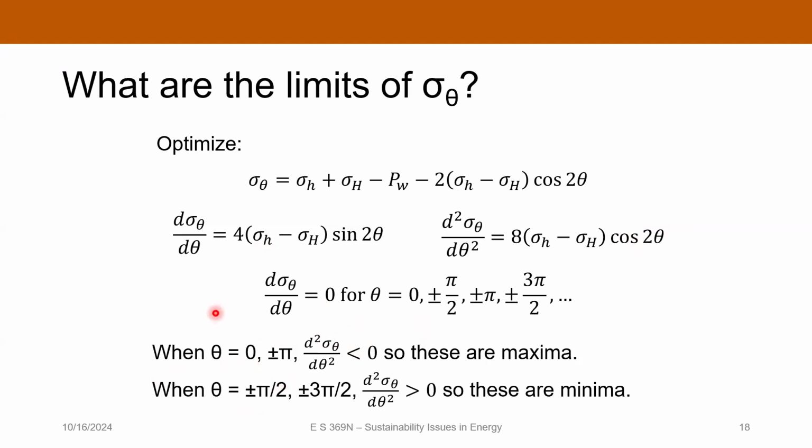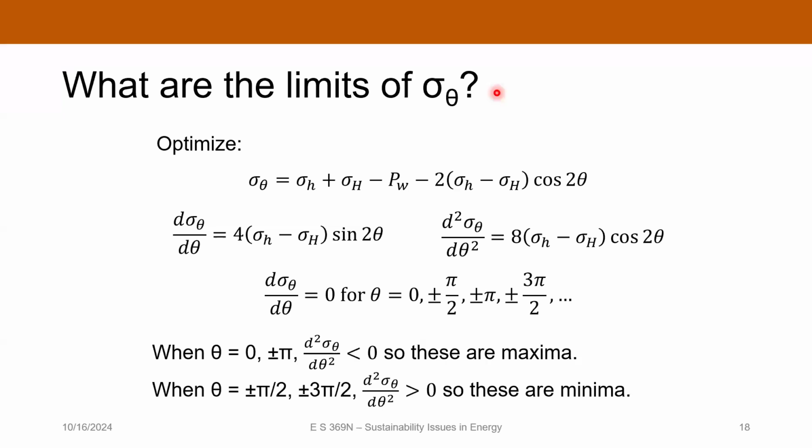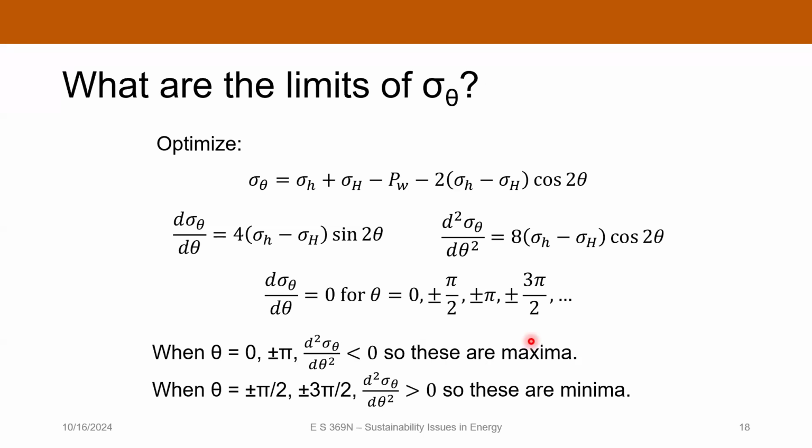So we're going to have a maximum hoop stress where theta is 0 or pi, so it's going to be in that direction. And then the minimum hoop stress is going to be when theta is such that we're oriented in this direction. That's how we get where those are.